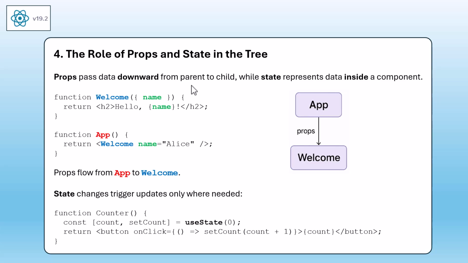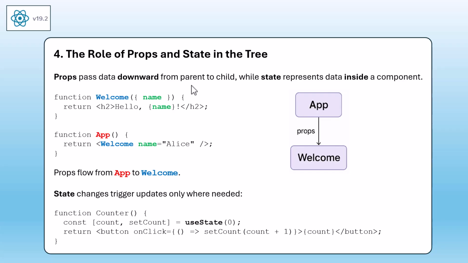4. The role of props and state in the tree. Now, in this tree, data flows from the top to the bottom, from parent components to their children, through something called props. Props are like messages or packages that carry information down the branches of the tree. A parent component can decide what data each child needs to display, and pass it down accordingly.